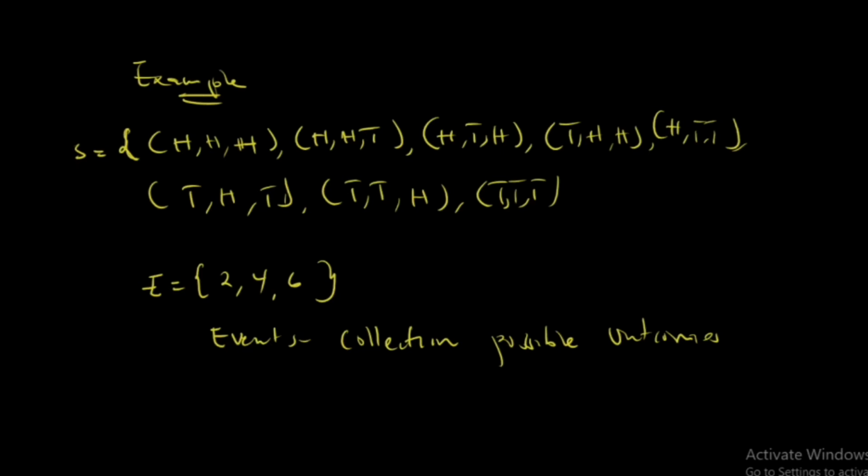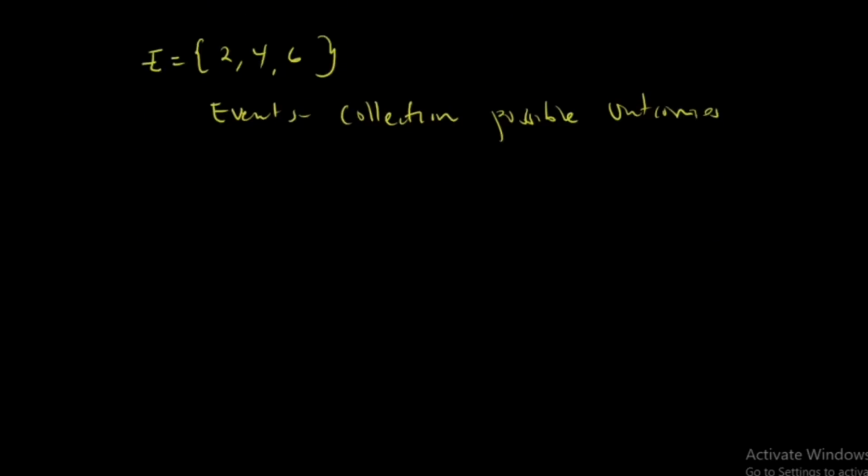So now let's look at some definitions that you should know about random experiments. First, outcome. An outcome is a result of a random experiment.